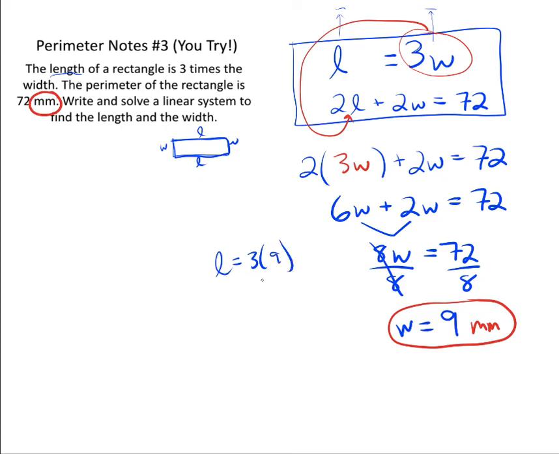So that would be, the length is 27. And it's in millimeters. So we'll label that. And we've got our length, our width with our labels. And we've got 2 equations for the solving of our word problem.